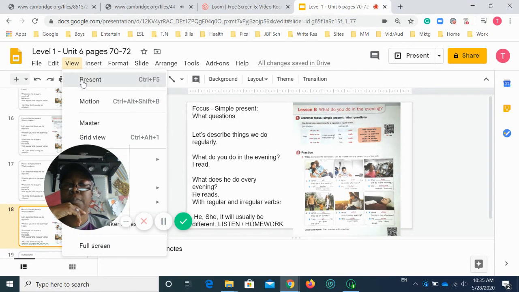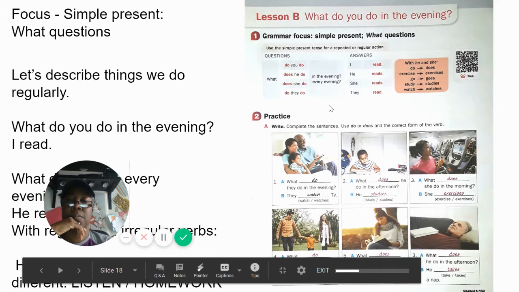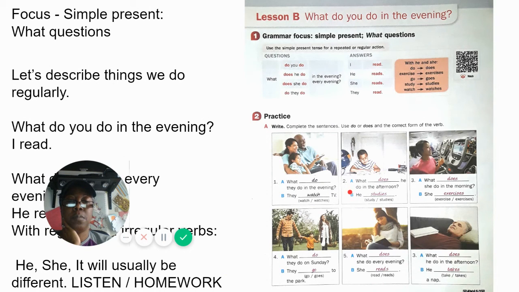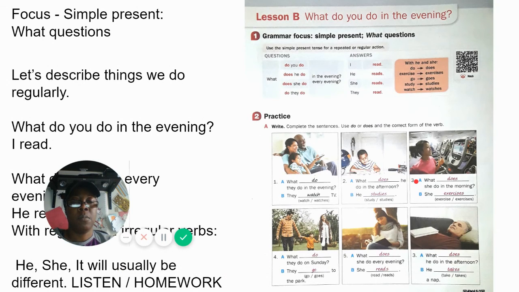1. What do they do in the evening? They watch TV. 2. What does he do in the afternoon? He studies. 3. What does she do in the morning? She exercises. 4.